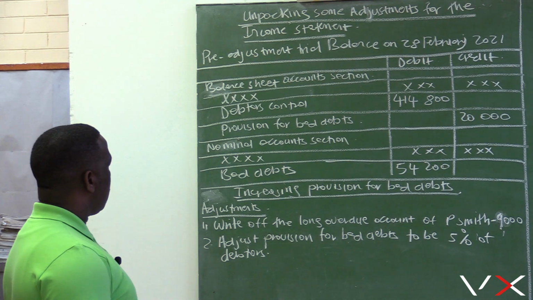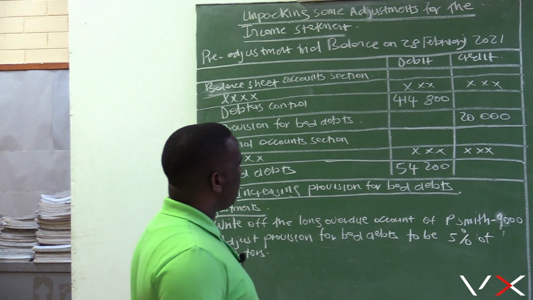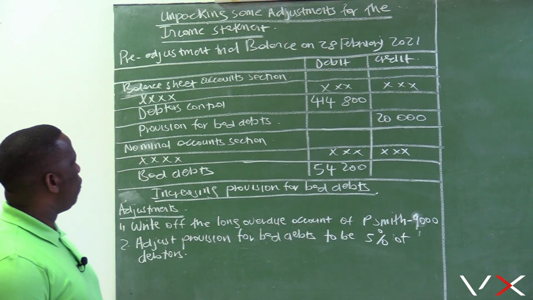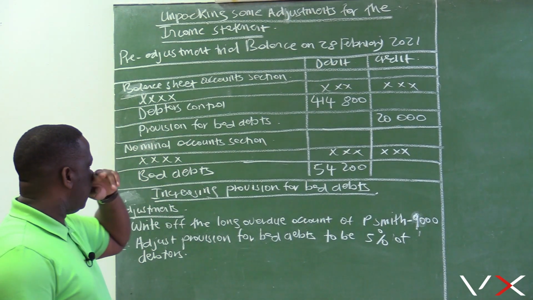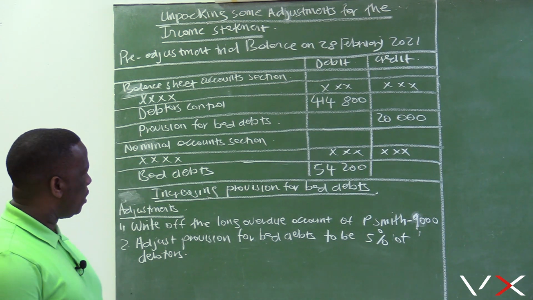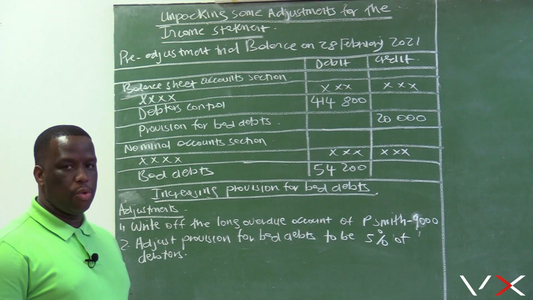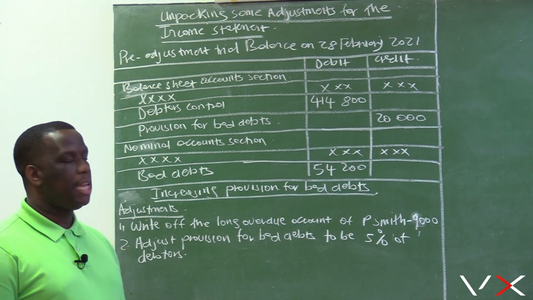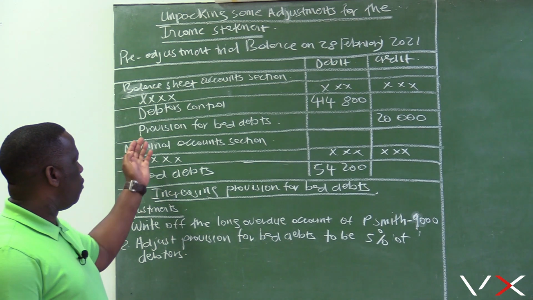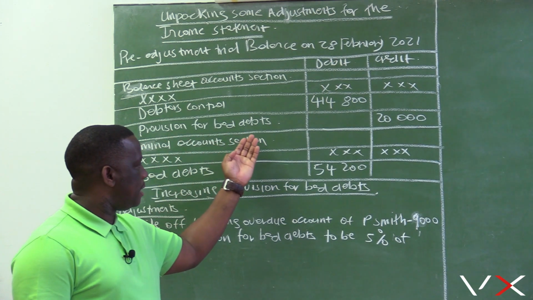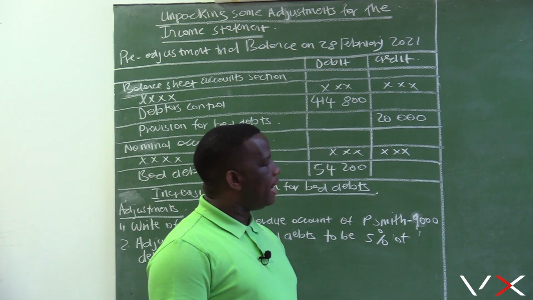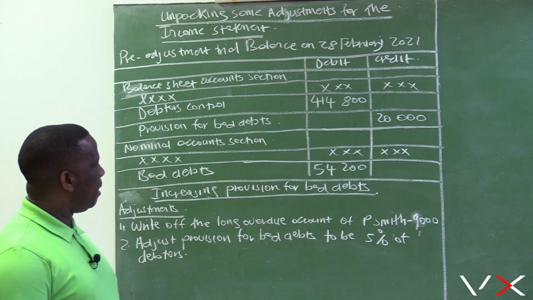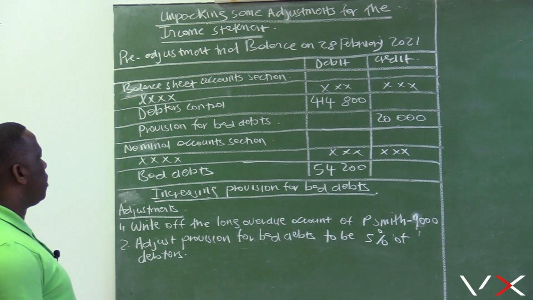Right. We have this pre-adjustment trial balance on 28 February 2021, and we have the balance sheet account section and the nominal account section. We have our debtors control here to the total value of 414,800, and right now the amount provided for bad debts, we have set aside 20,000, which is provision for bad debts on 28 February 2021.